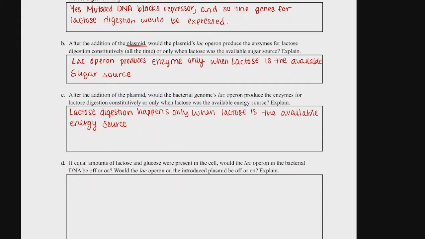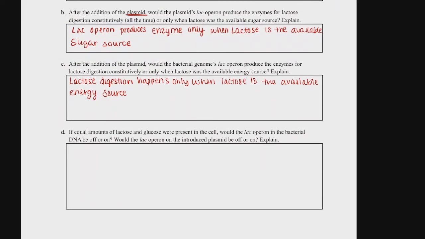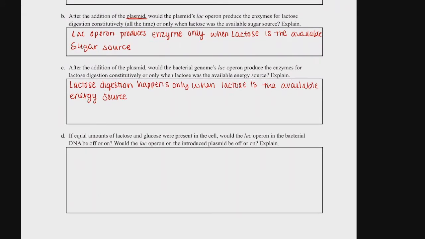And D. If equal amounts of lactose and glucose were present in the cell, would the lac operon in the bacterial DNA be on or off? Would the lac operon in the introduced plasmid be on or off?